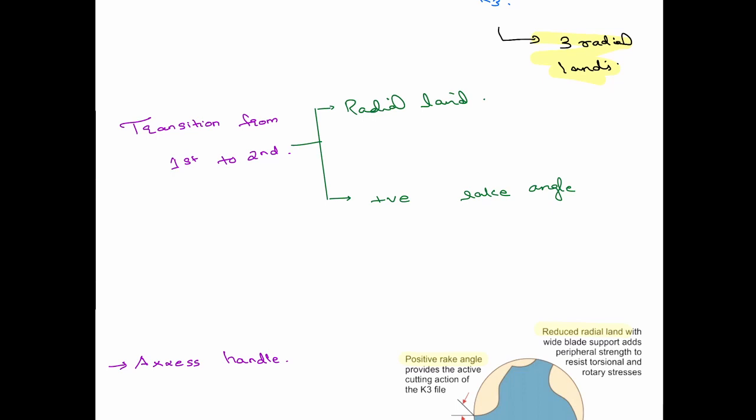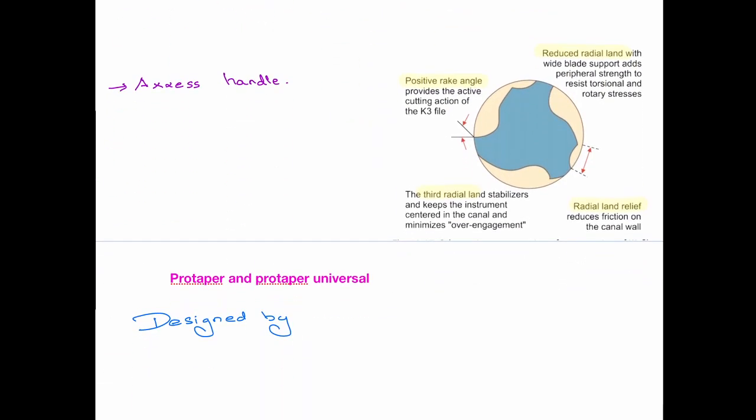From first to second: the first generation had radial lands, this also had radial lands, but the first generation had a negative rake angle, and this has a positive rake angle. Now the speciality, like the profile system is said about series 29 instruments, here it is something called an axis handle.